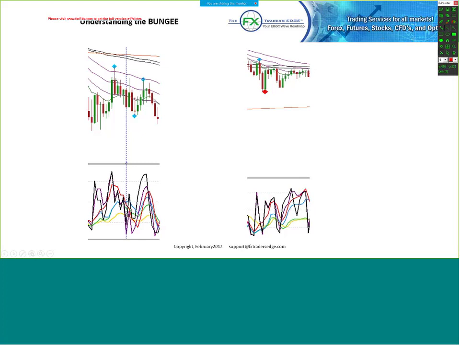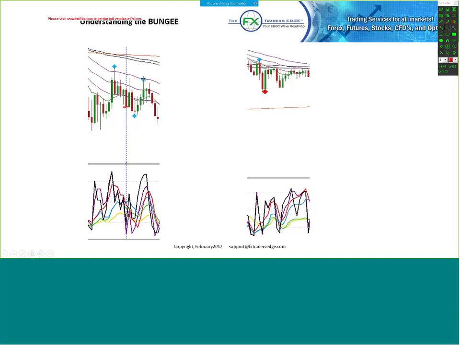We've had a retrace into the wave, and this red candle has closed below the wave. Yeah, and the filter, breakout three. But the blue bungee is still up. So it is no surprise that we come down and go back up again.